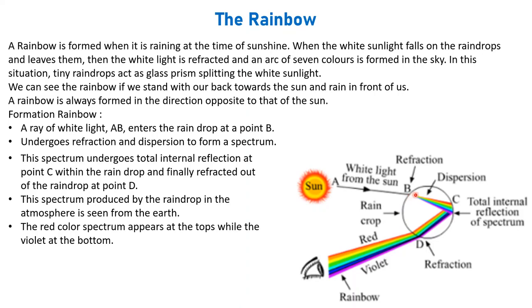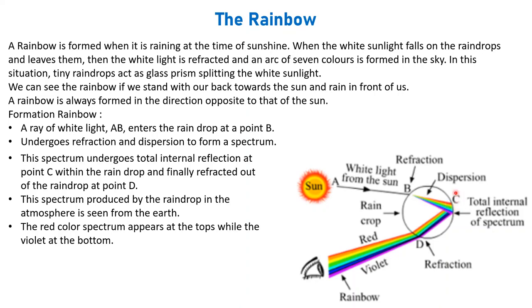Fine. And once the light enters, what is happening? Dispersion is happening. So first refraction happened due to the change in the optical density of the two medium, air to water, right? And here dispersion is taking place inside it, right? The light, white light, is dispersing into or splitting into 7 different colors of light, right?